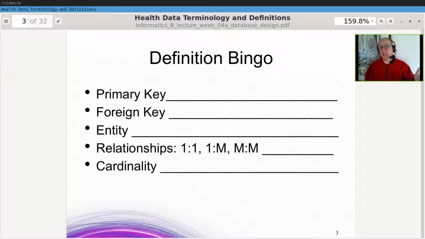An entity is basically another word for table, and relationships are the relationships between the tables. Cardinality is this idea of 1 to 1, 1 to m, m to m. Those are the words we're going to learn later on in this tutorial, but just to give you an idea, so that in your head you've got a little blank spot you can fill in later on.